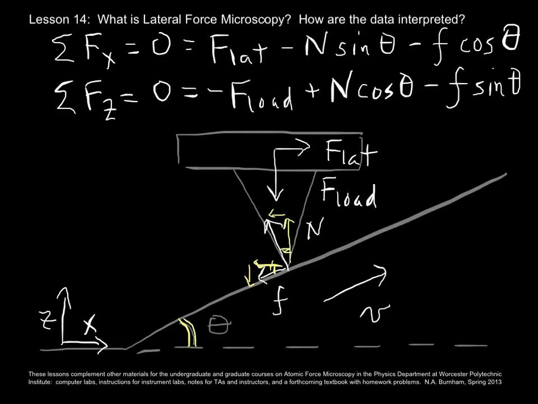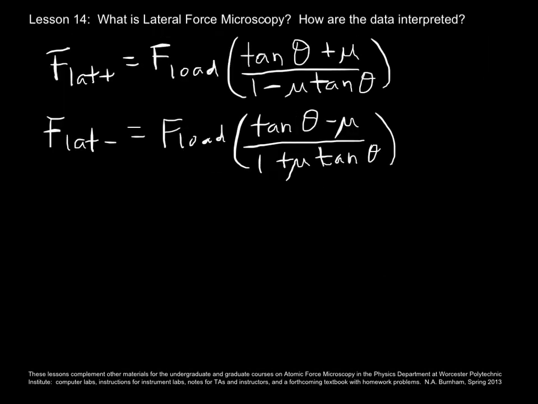We want to solve for the lateral force because the lateral force is equal and opposite to whatever lateral forces the sample is applying to the tip, and that is what we're measuring. What you get after doing the algebra are two equations, the top one for moving up the slope, the bottom one for moving down the slope.